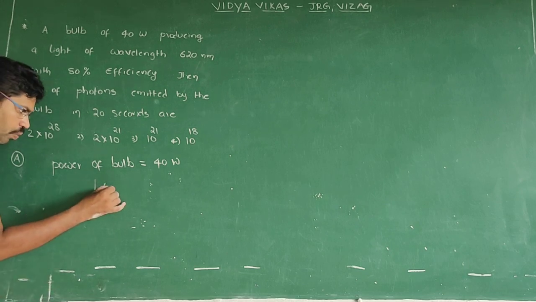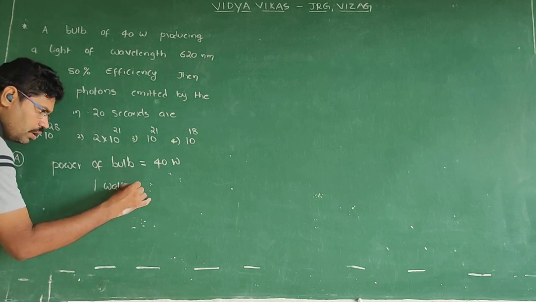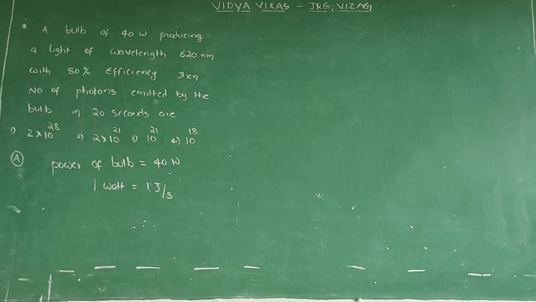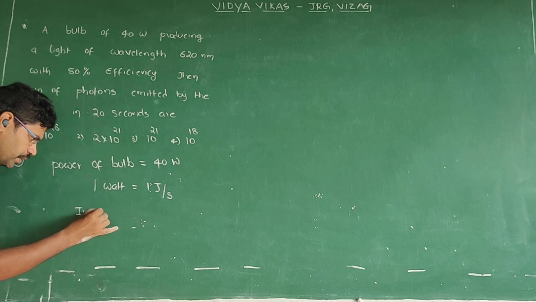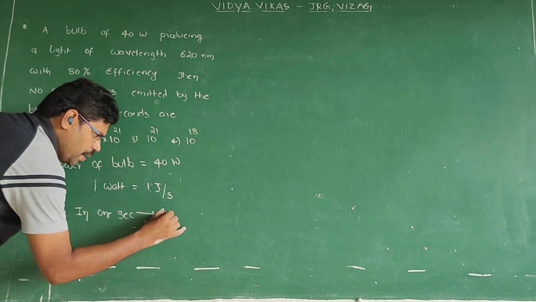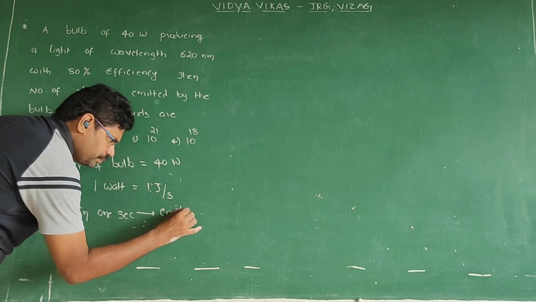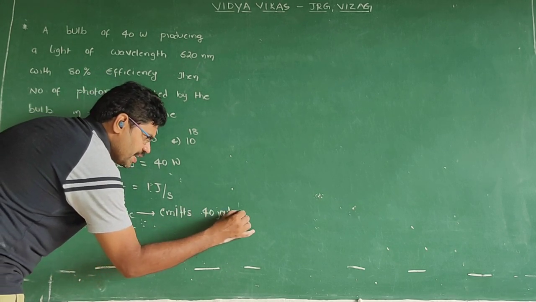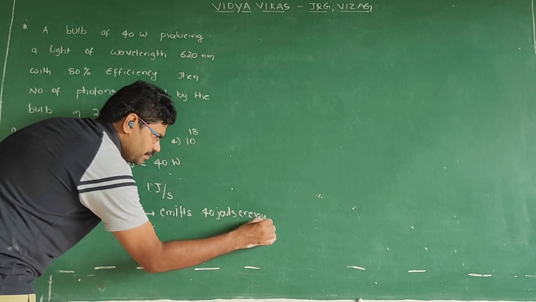We already know 1 watt means what, sir? 1 watt means 1 joule per second. Is it clear? So that means in 1 second, the bulb emits 40 joules of energy. Keep in mind.